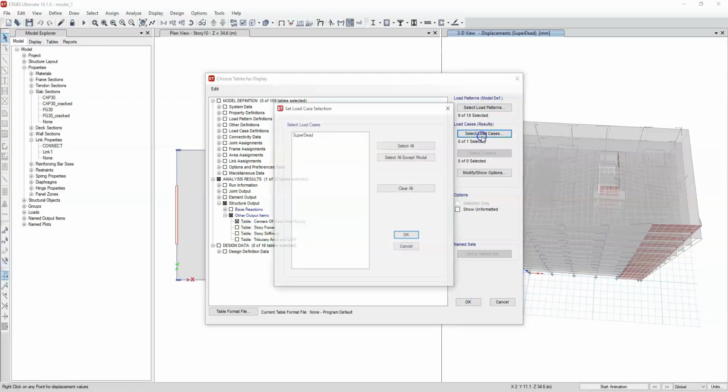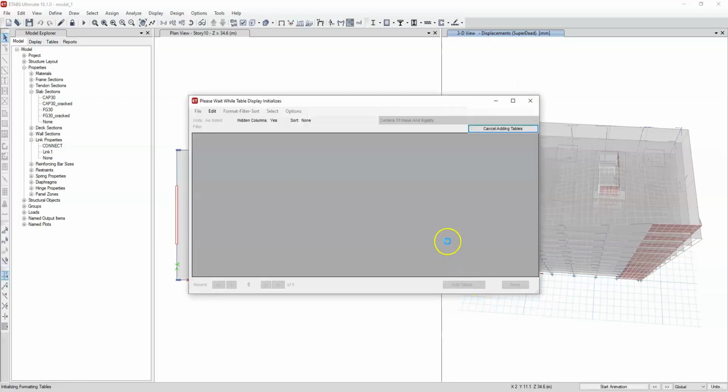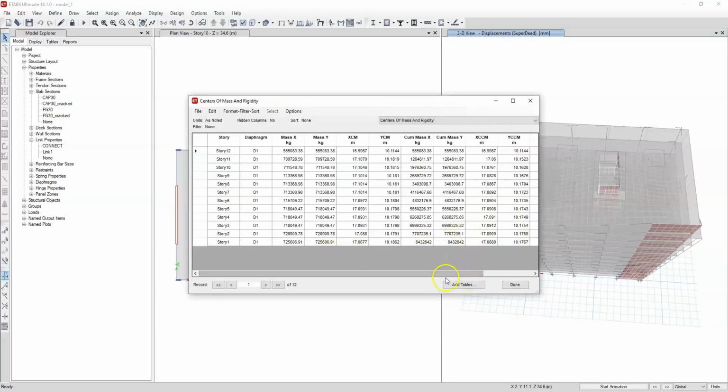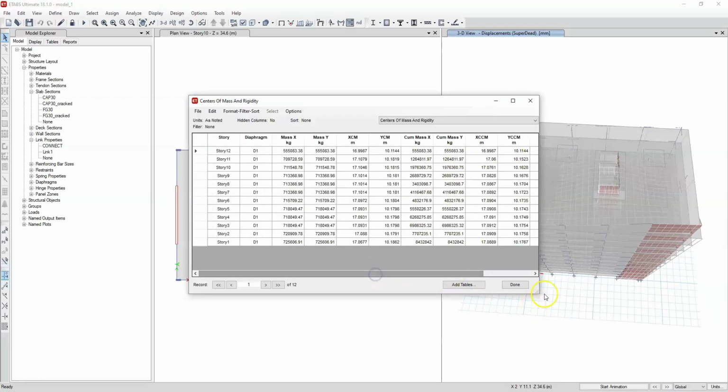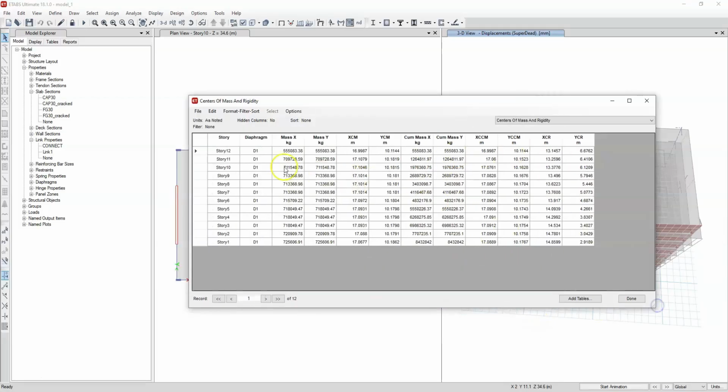We have to assign a load case. And here we have the centers of mass, which are the columns we are going to select. And the centers of rigidity, these two columns.